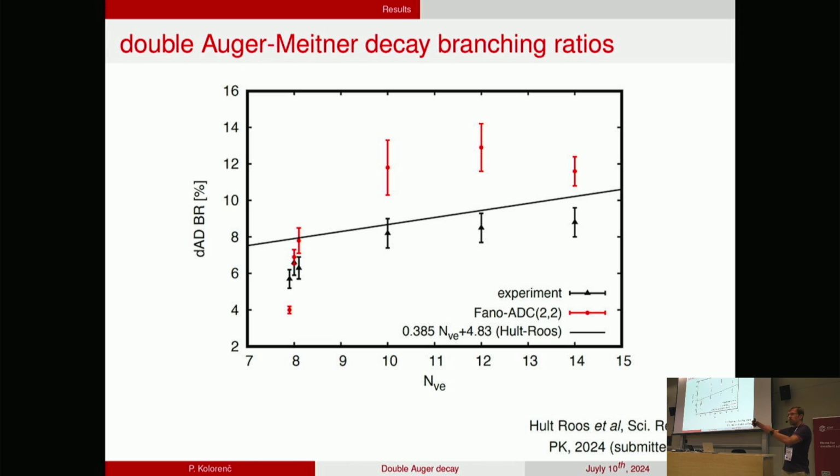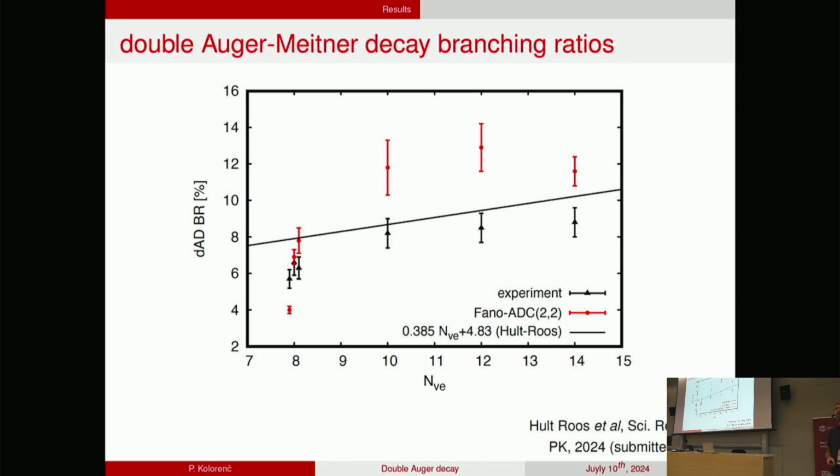If I don't know precisely where the effective triple ionization potential in the ADC(2,2) is, then this gives some uncertainty, and this is mostly contributing to those large error bars here.